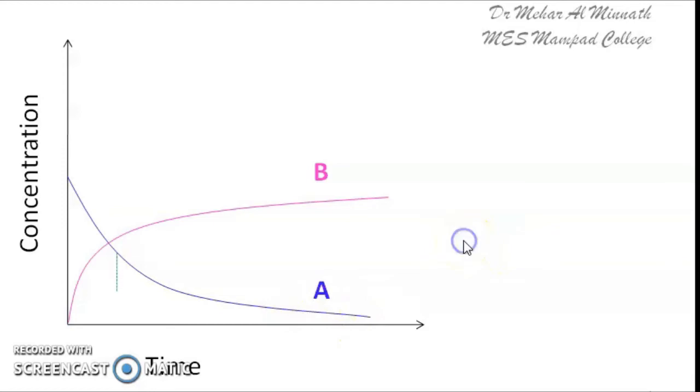Now, if you want to know the change in concentration of either A or B, draw a tangent and take the slope of this plot, and you get delta A by delta T. This is a large time interval, from this time to this time, so that will be the average rate of a reaction.